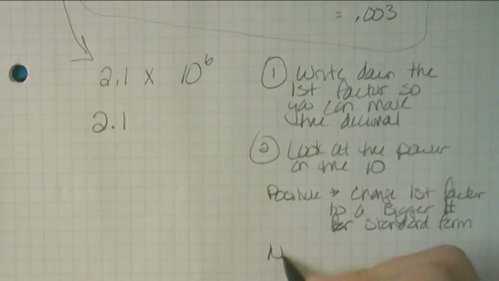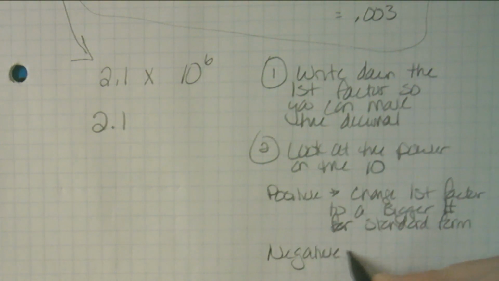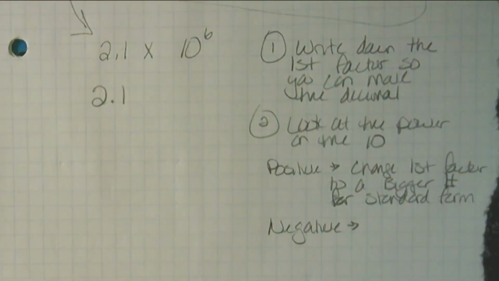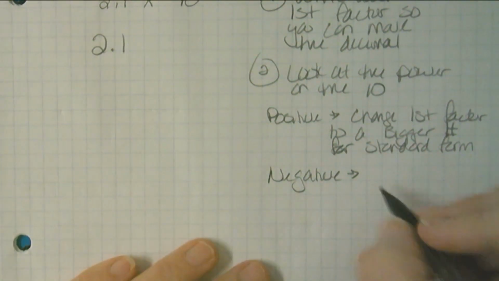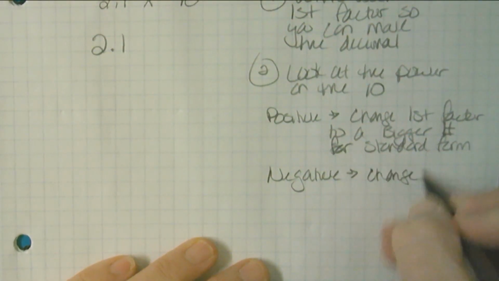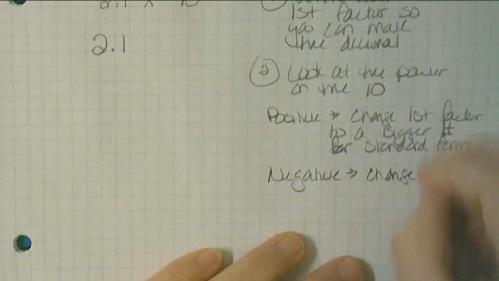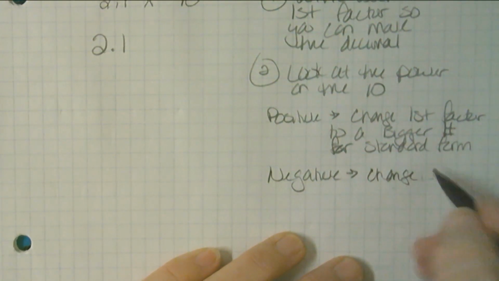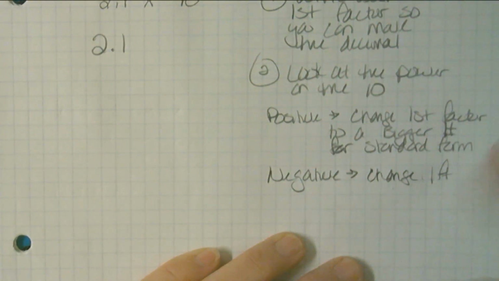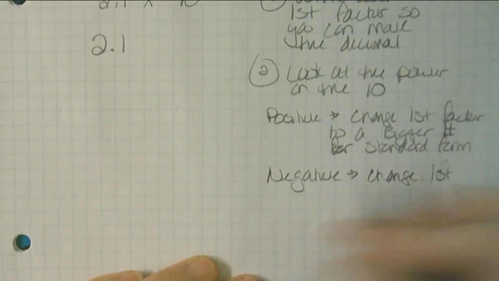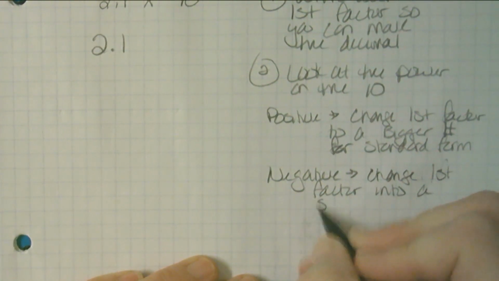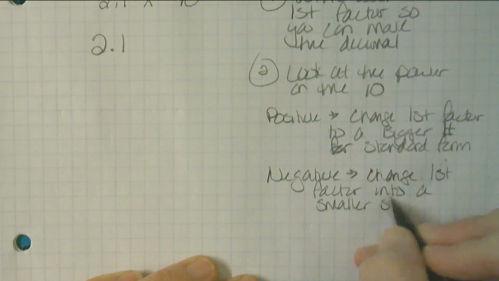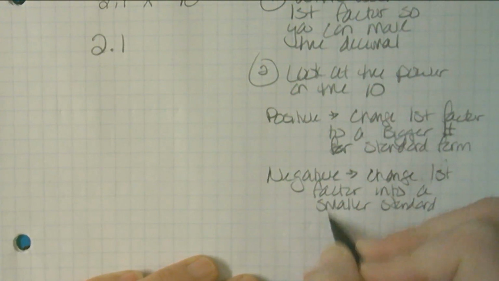If the power is negative, we're changing the first factor into a smaller standard form number.